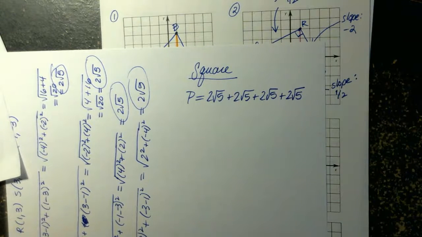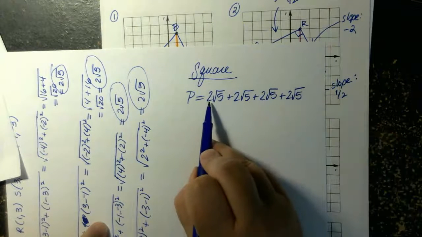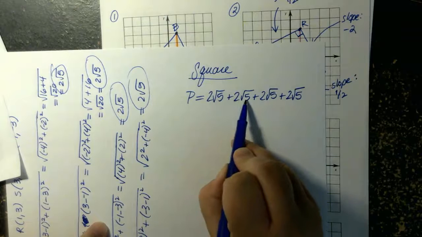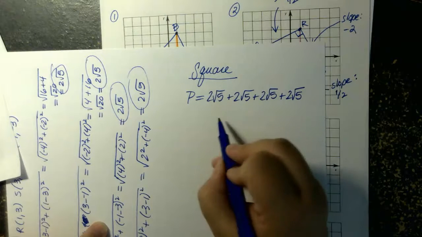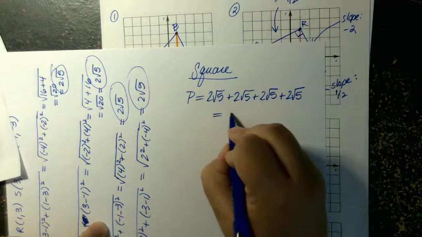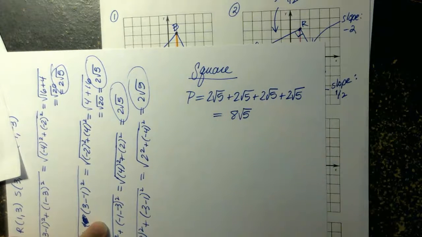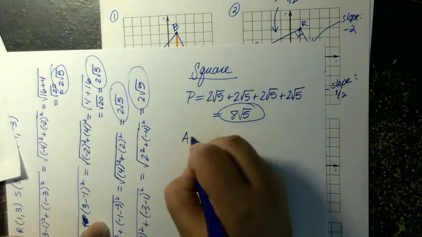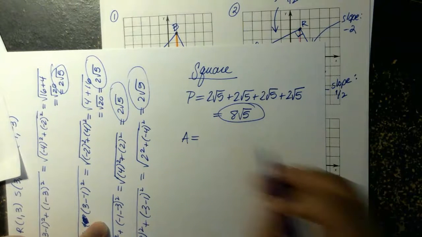Those are like radicals, and so they're like terms. It's a lot like if it said 2x plus 2x plus 2x plus 2x. I have 8 of that thing. I have 8 √5s. There's my perimeter.